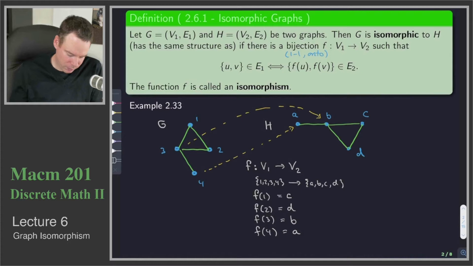Or if I had this edge over here, BD, since B is the image of 3 and D is the image of 2, 2, 3 has to be the corresponding edge over here, and there it is. So this map f is an isomorphism. And we say then that G and H are isomorphic.